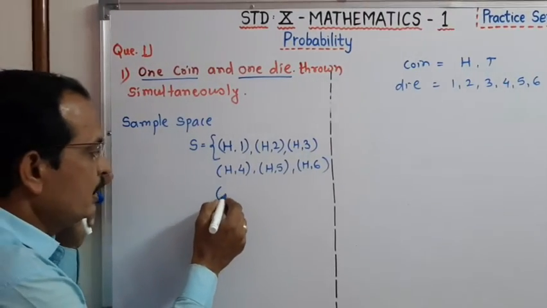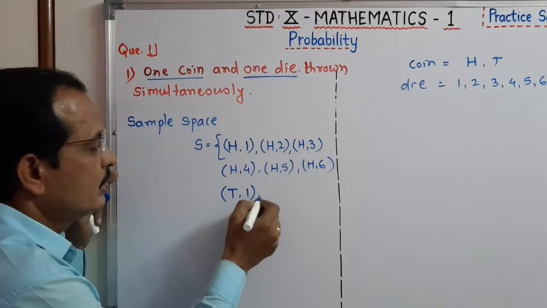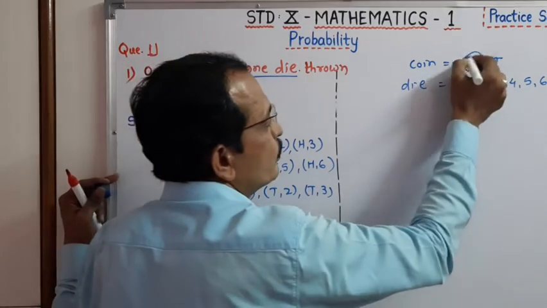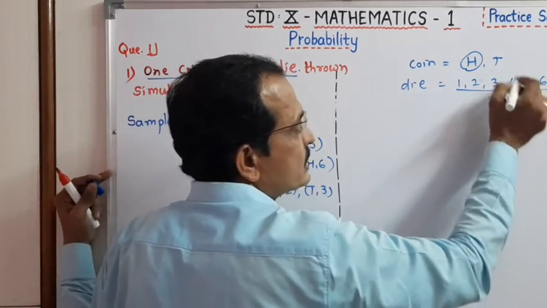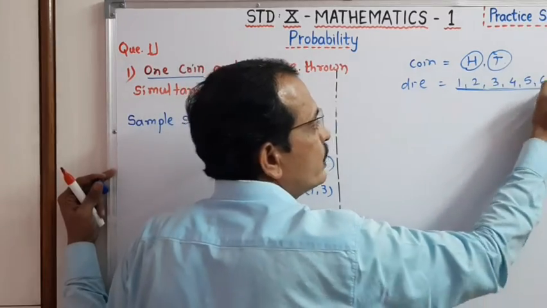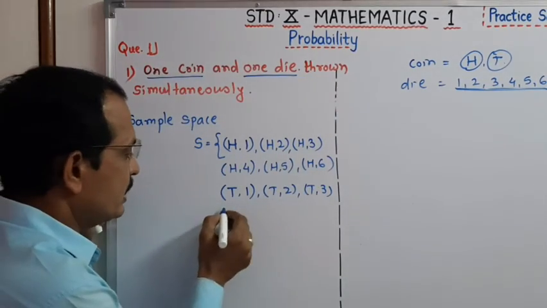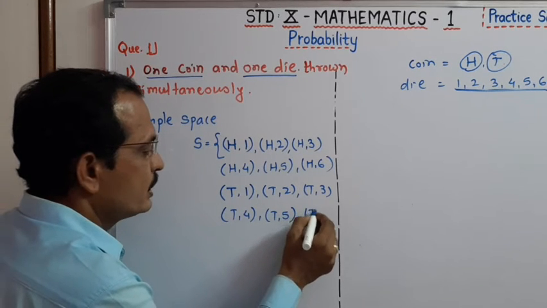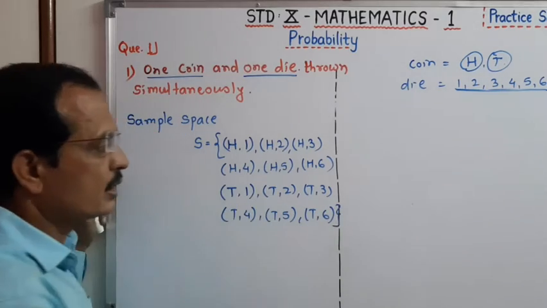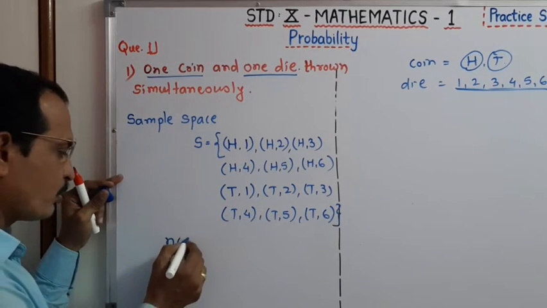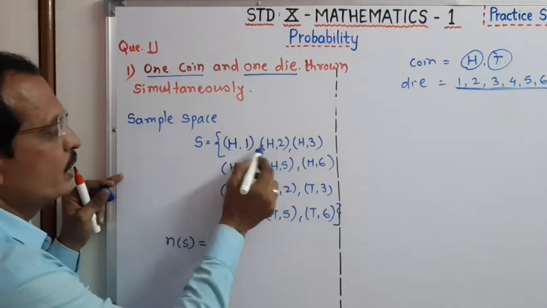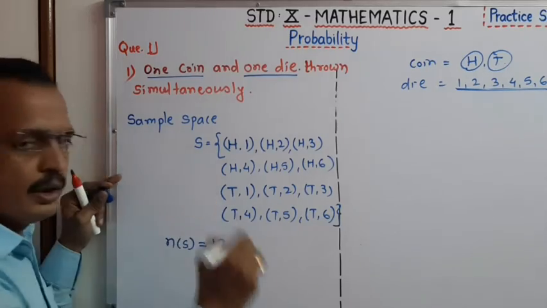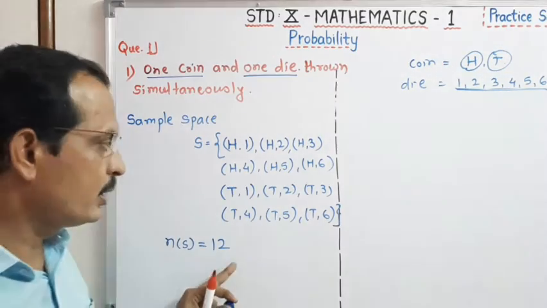Now we write tail: T1, T2, T3, T4, T5, and dear student, T6. We completed the curly bracket and the number of sample points n(S) is equal to 1, 2, 3, 4, 5, 6, 7, 8, 9, 10, 11 and 12. The sample points are 12.